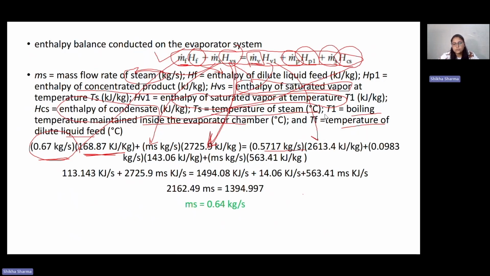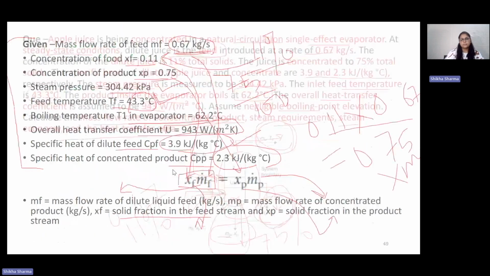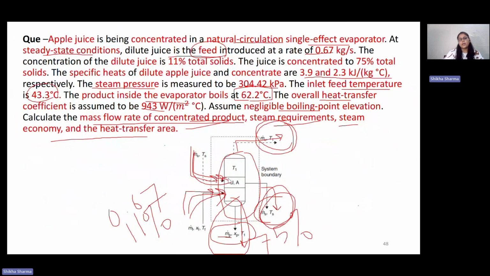So how can we get it? We can get this also from the table. What is happening is that the steam is going in at 134 degrees Celsius. The feed, the dilute juice, is going in, and the steam is going at 134 degrees Celsius. Then in the evaporator, the concentrated product comes out and the vapor comes out, and this steam is converted into liquid, which is water, at the same temperature of 134 degrees Celsius.